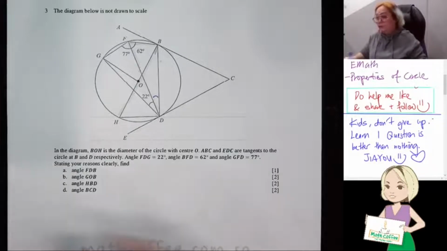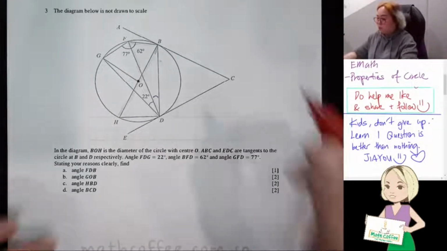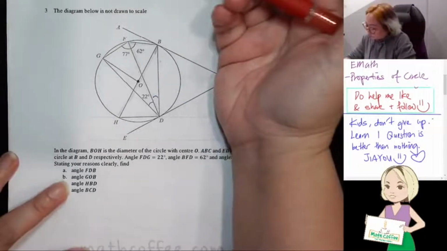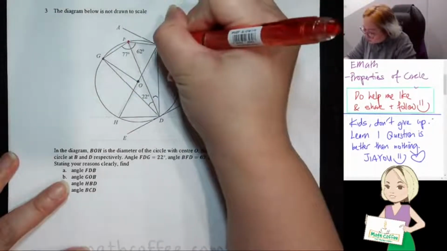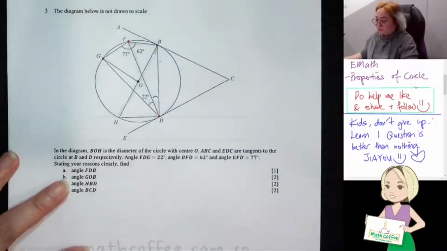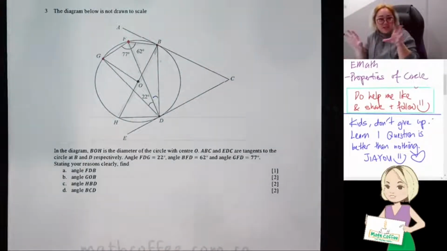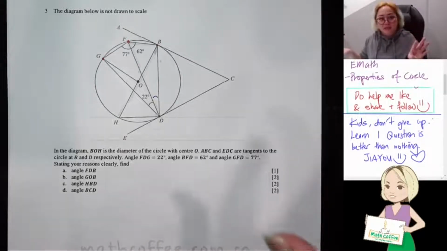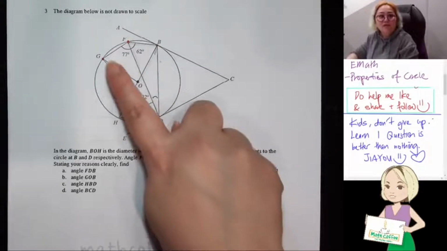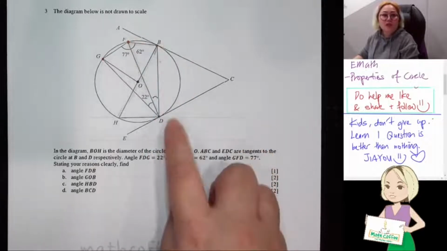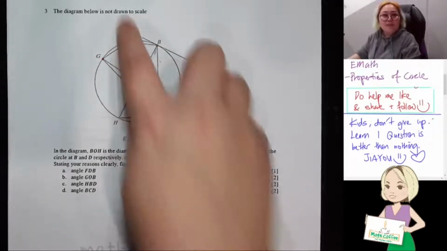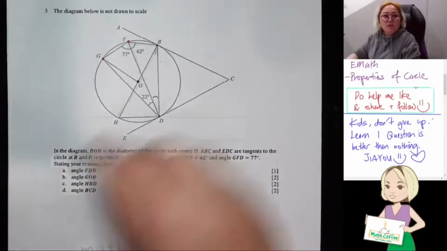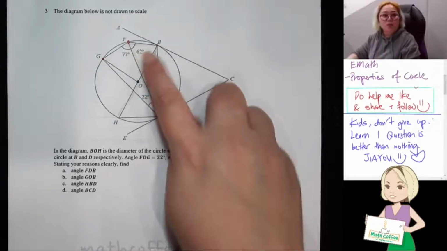So I'm going to use the cyclic quadrilateral as well. Why? Take a look at this one. 1, 2, 3, and 4. Although it doesn't look like a quadrilateral, but it is because it's 4-sided and we have all the 4 points touching the circumference of the circle. So the opposite angles add up to be 180. So over here I have the 77, 62 as well as the 22.